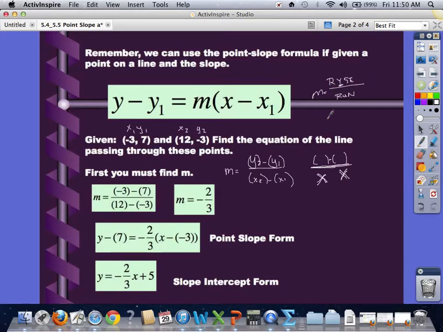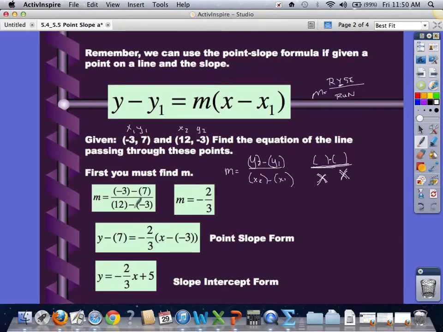All right, so I'm going to plug in my y2, which is going to be my -3. So that goes into my formula, and I've got it written over here, -3. And then I'm going to take y1 and plug it in here, and that's 7 over 12, which is my x2, and my x1 is -3. Notice I have parentheses, and the minus in the middle is part of the formula.